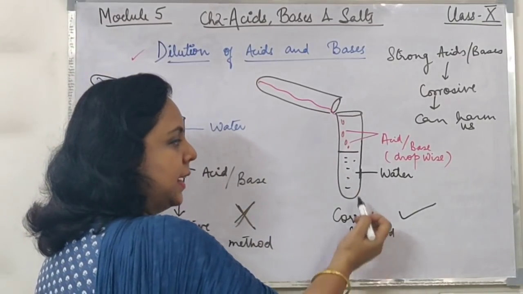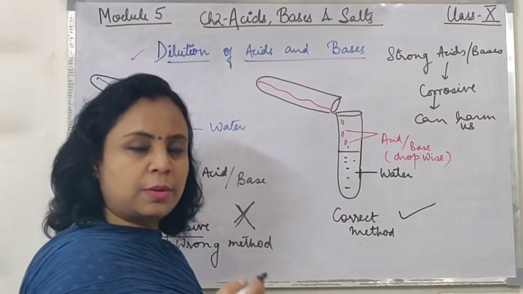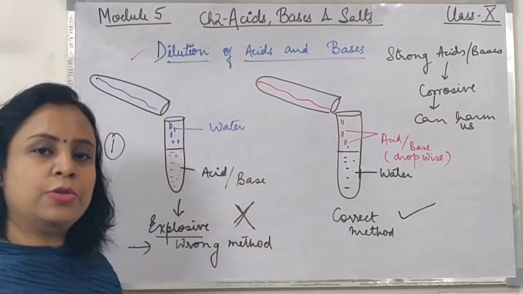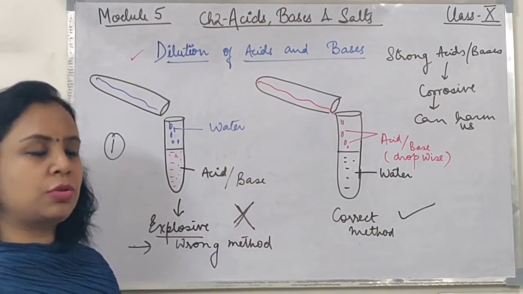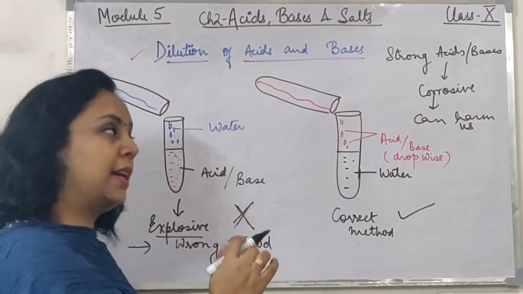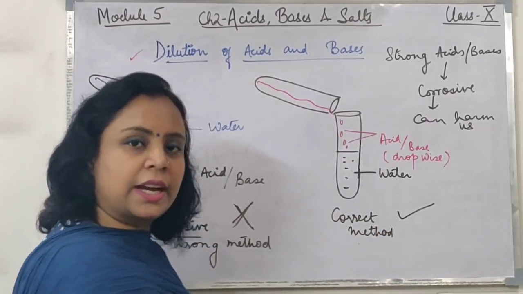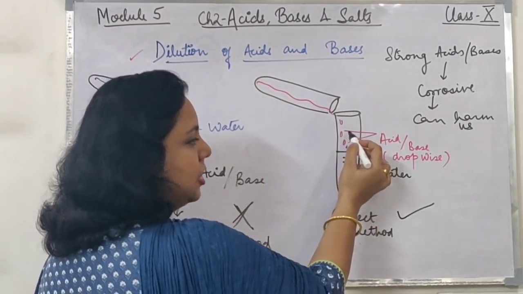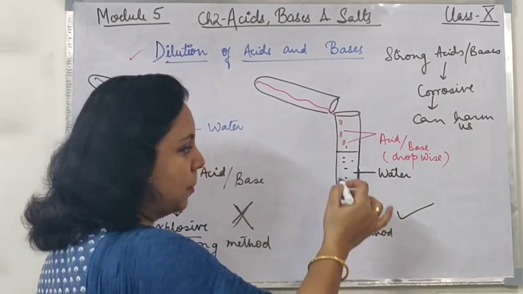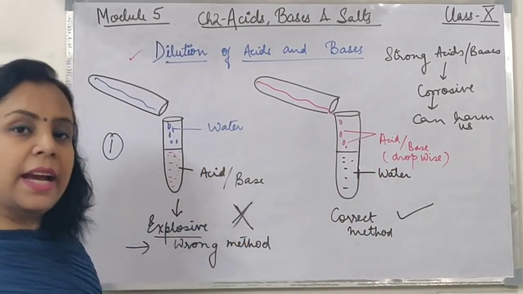Now this is the correct method, in which a known amount, suppose I have to make a dilution of a particular amount, so that particular measured quantity of water is taken, and the amount of acid or base I need to add is added drop by drop. Slowly it is being added. Now you will say the reaction is the same.